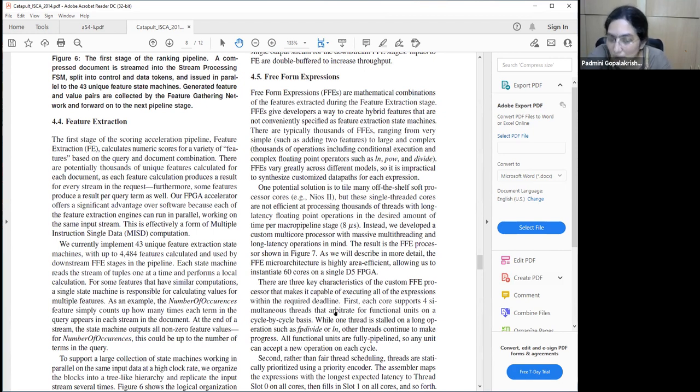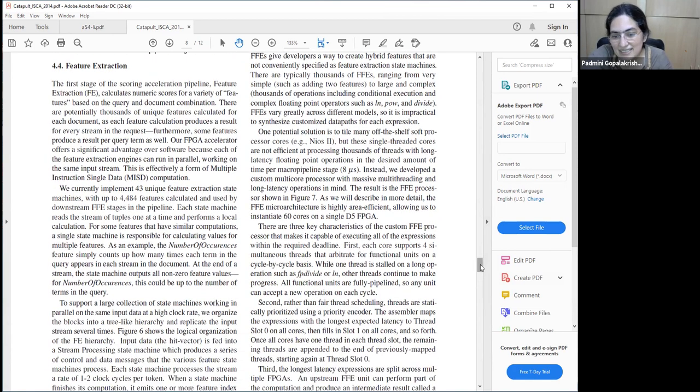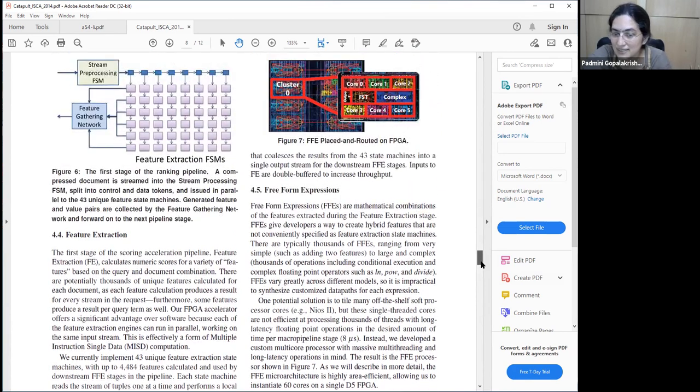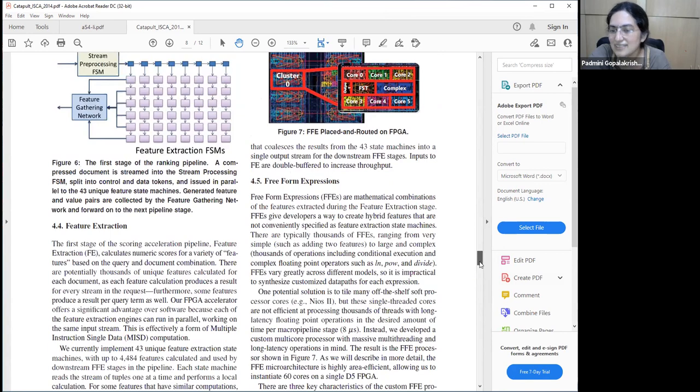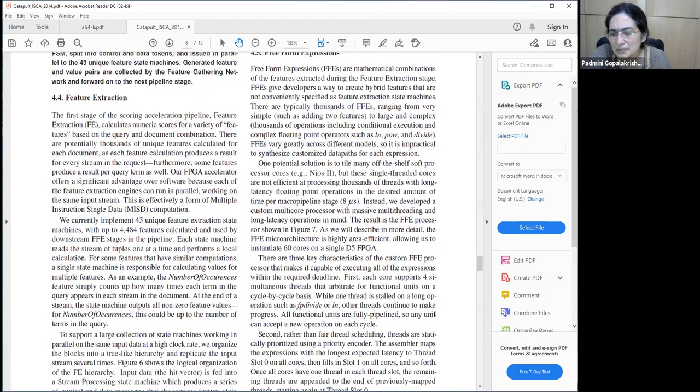Right? And then all functional units are fully pipelined. Right? So the other very interesting thing that you'll see in this entire paper, a common thread, is they've tended to use static scheduling instead of any kind of dynamic scheduling. And the reason is it makes your latency very, very predictable.